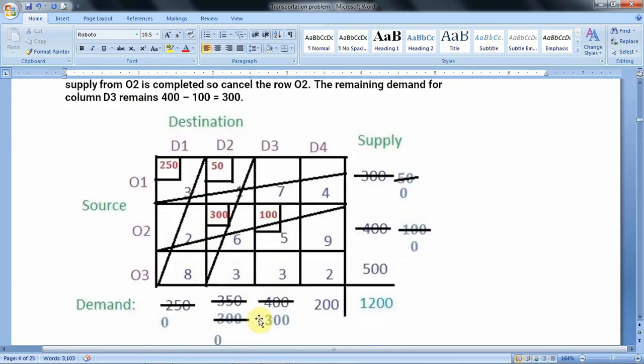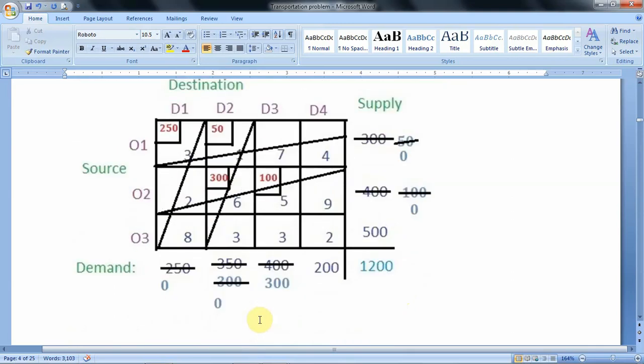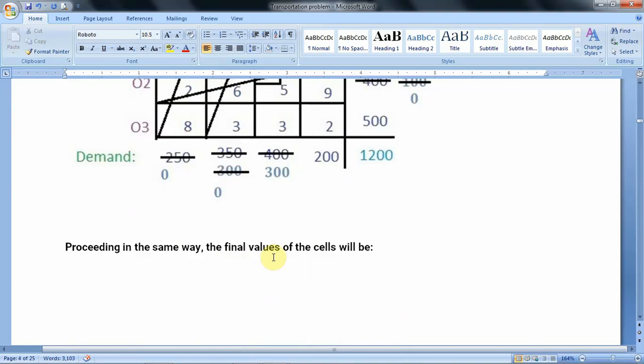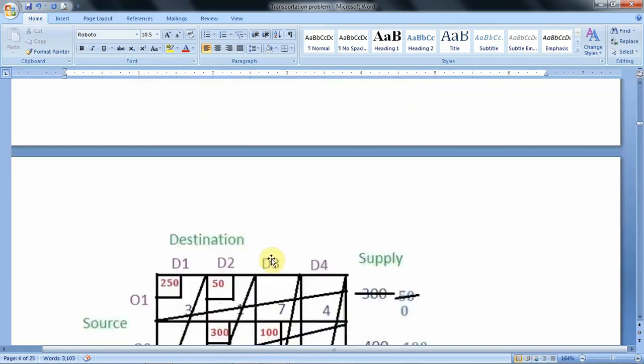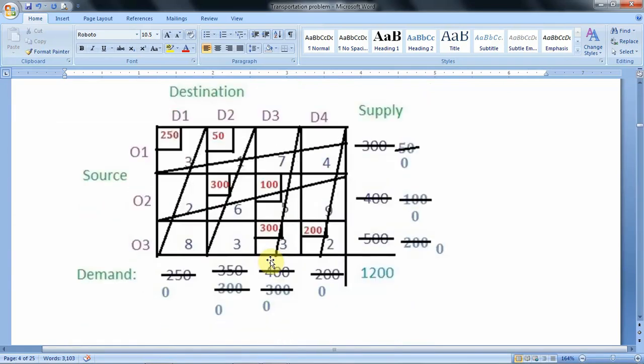Next, we move to the cell O3D3, proceeding in the same way. The final values of the cells will be in this table, that is, the remaining units can be allotted to the last row, that is the O3D3 cell and the remaining O3D4 cell.